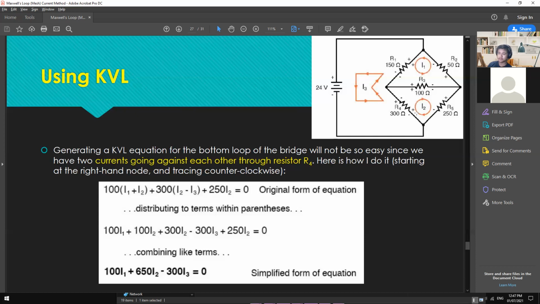So again, I'll give you guys 10 to 20 seconds to analyze how we came up with this equation.